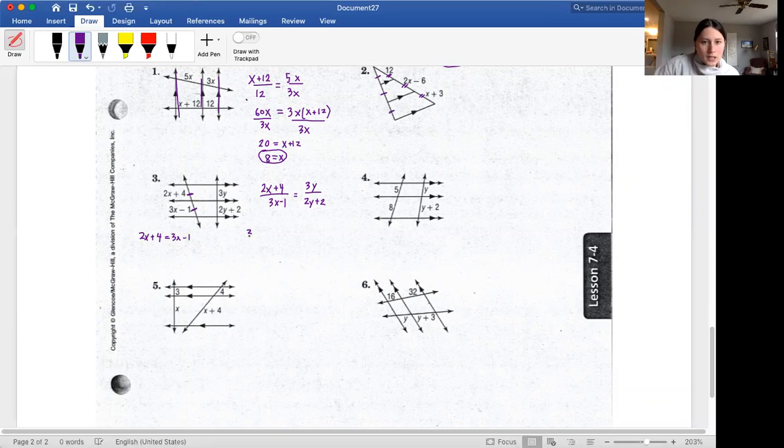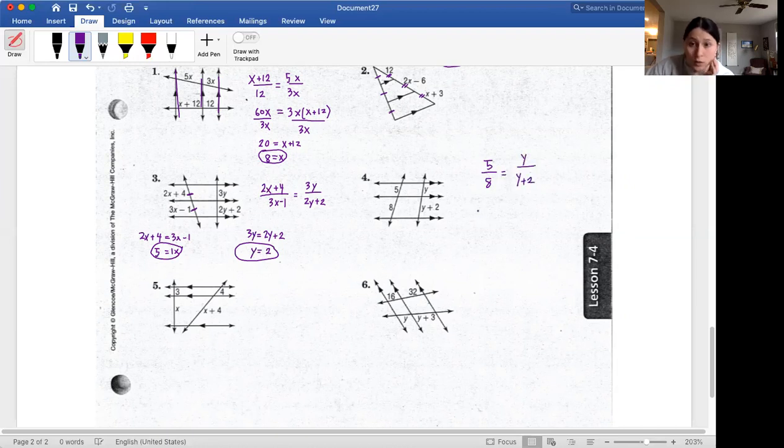And then I could say 3y is equal to 2y plus 2. So subtract 2x on both sides, I get 1x. Add 1 on this side, that's 5. So x equals 5. Here, subtract 2y on both sides, that's 1y. Y equals 2. Easy.